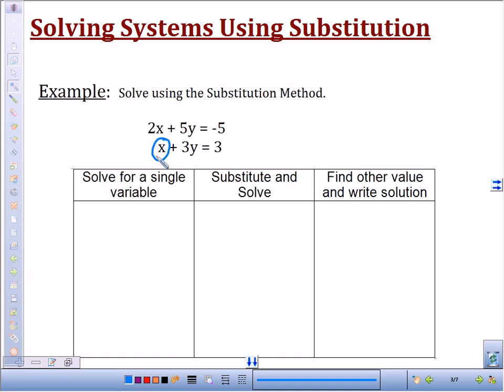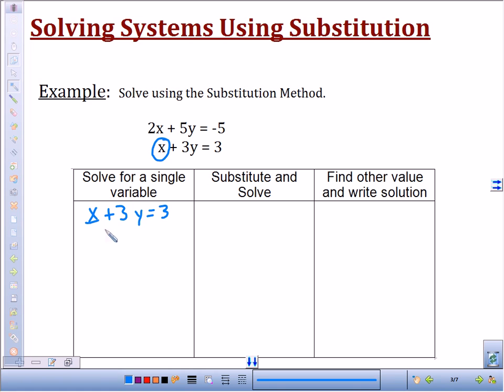But solving for the x that I have circled does not require me to divide by anything, so it will probably be easier to do. I'm going to take my second equation and solve for this x. So I have x plus 3y equals 3. That is the equation I want to solve for this x.